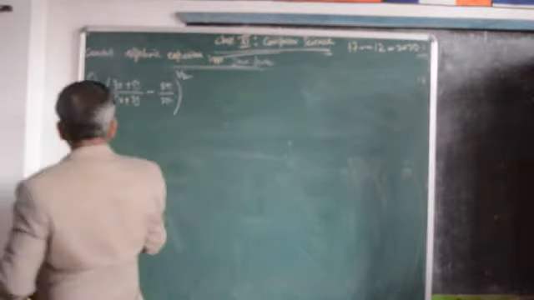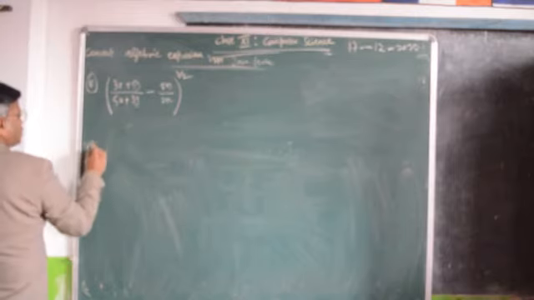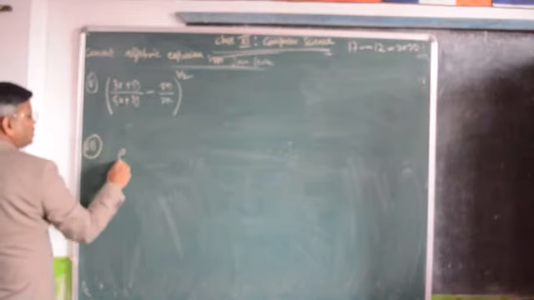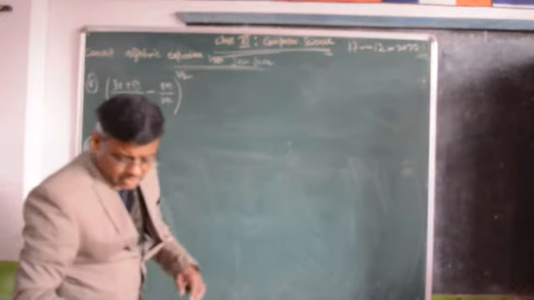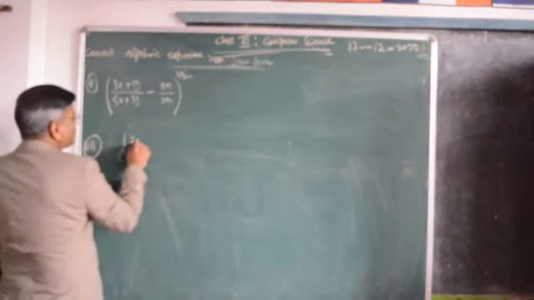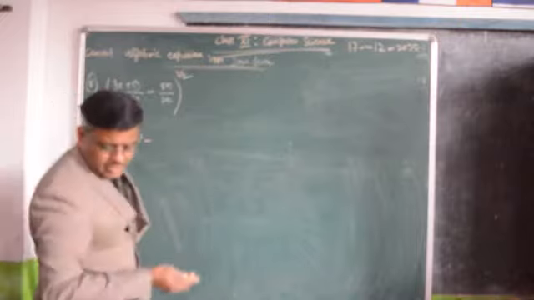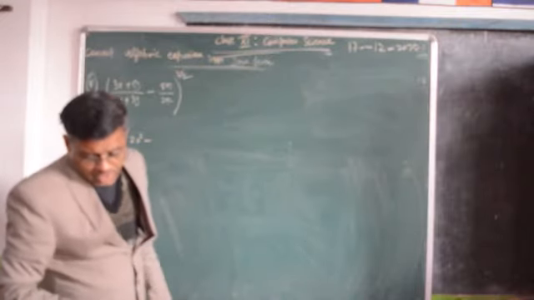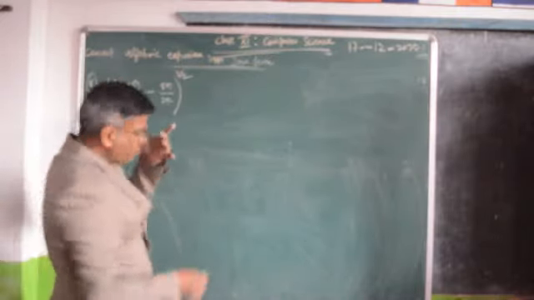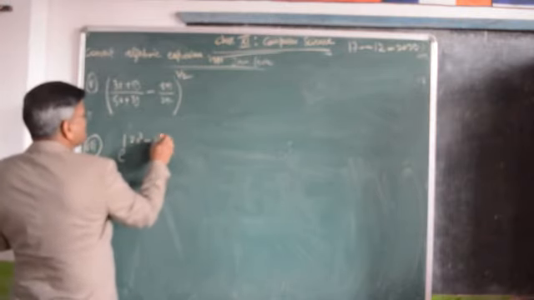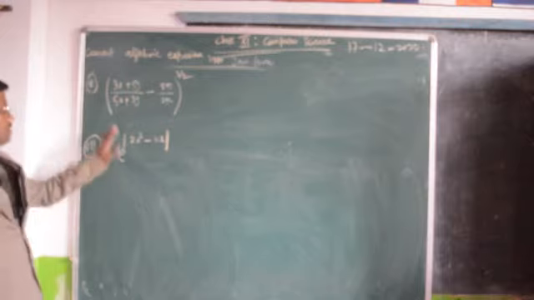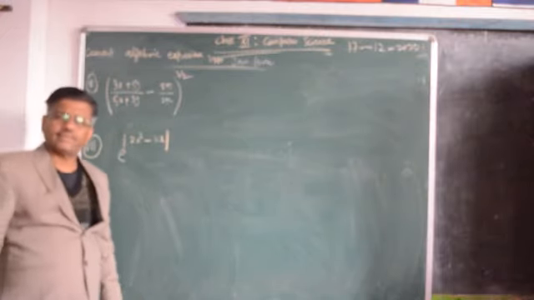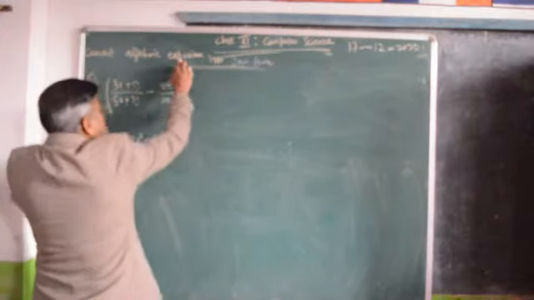The next one, the 7th one, is e raised to the power of modulus 2x square minus 2x square minus 4x. I am going to convert this one slowly. The whole lot raised to the power of 3 by 2.